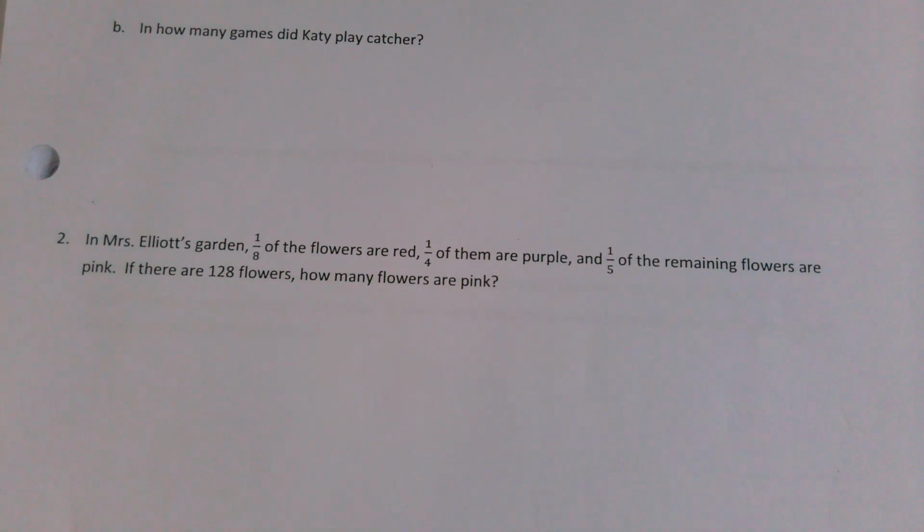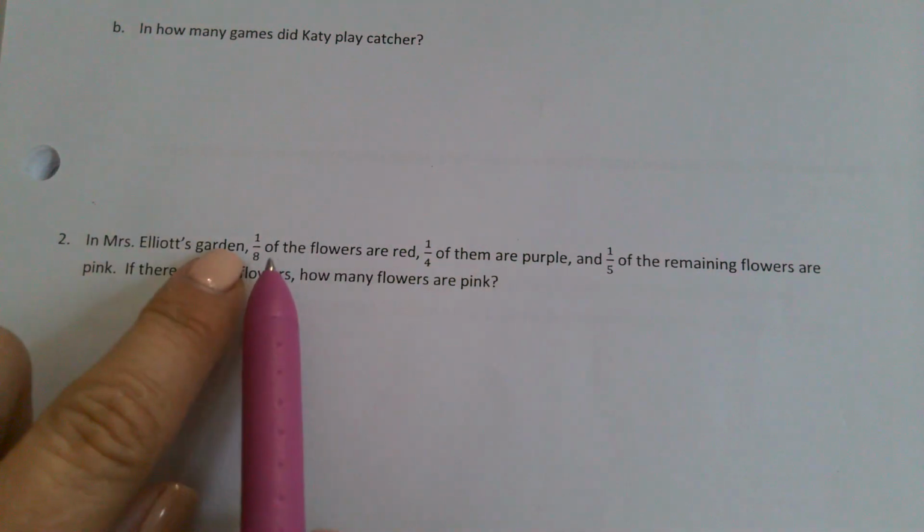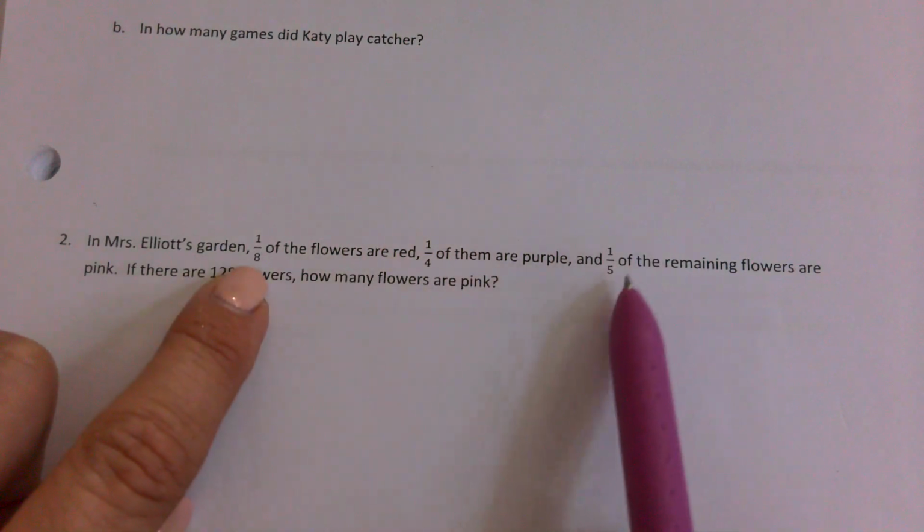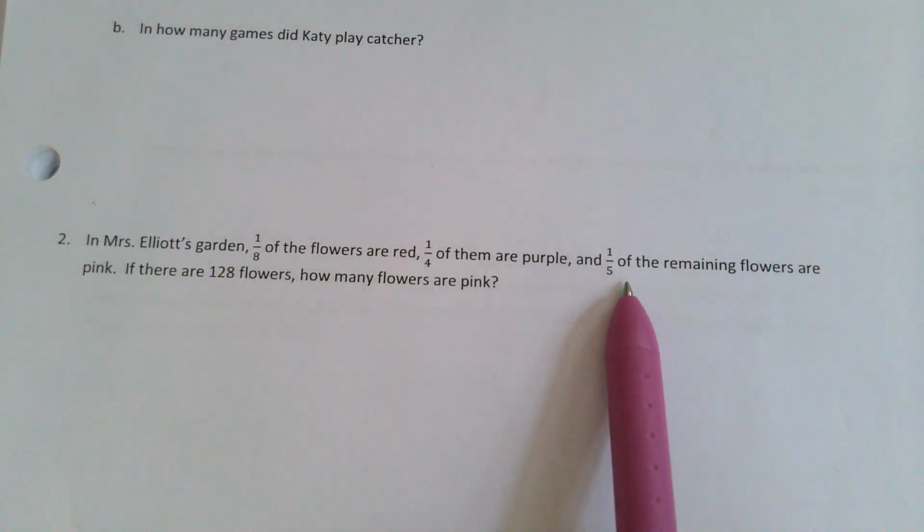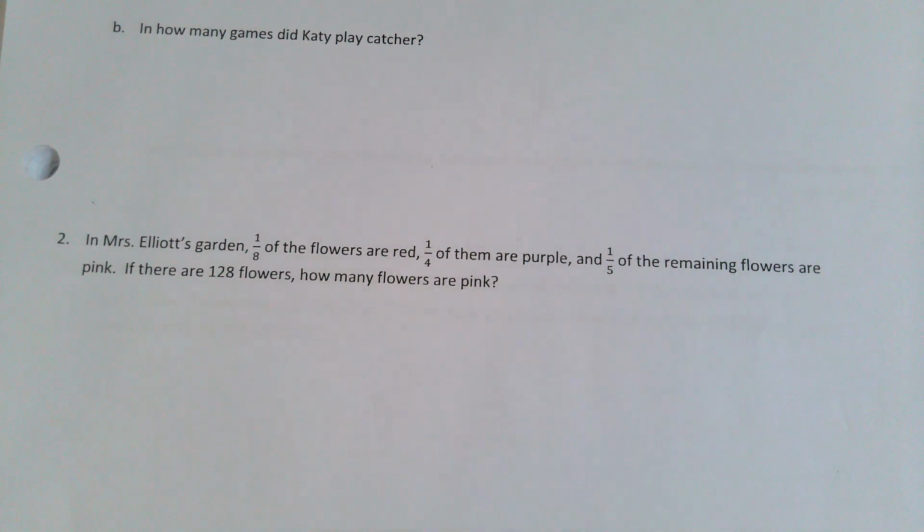So I would start out by drawing a tape diagram just to wrap my head around what this looks like. Now, 1/8, 1/4, and 1/5 are not on the same number line. You can't move back and forth across this number line.